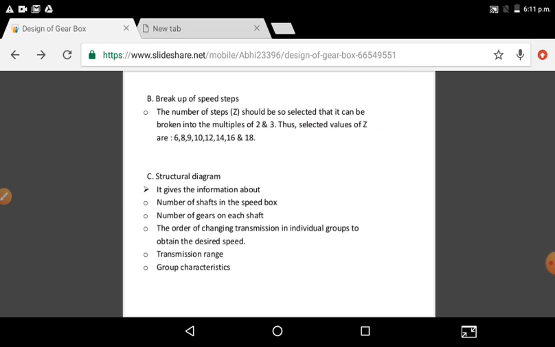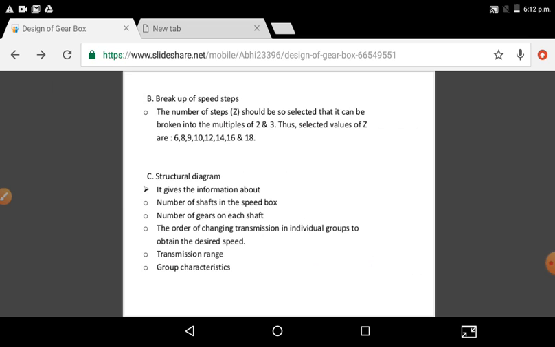Now, the third step is the structural diagram. This structural diagram is the important thing to design the gearbox. Whenever we want to design or construct the gearbox, if we have the structural diagram, then we can design easily. Why? Because the structural diagram gives information about the number of shafts in the speed box, the number of gears on each shaft, the order of changing transmission in individual groups to obtain the desired speed, transmission range and good group characteristics, right?